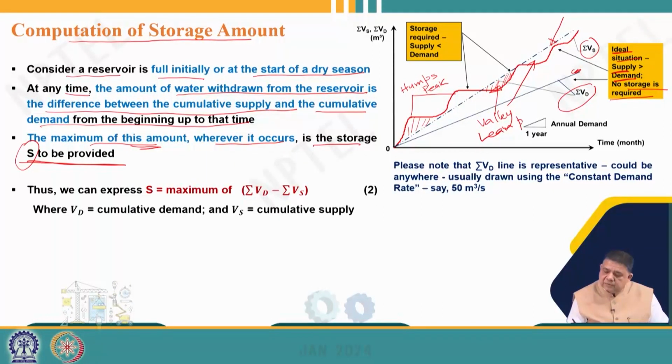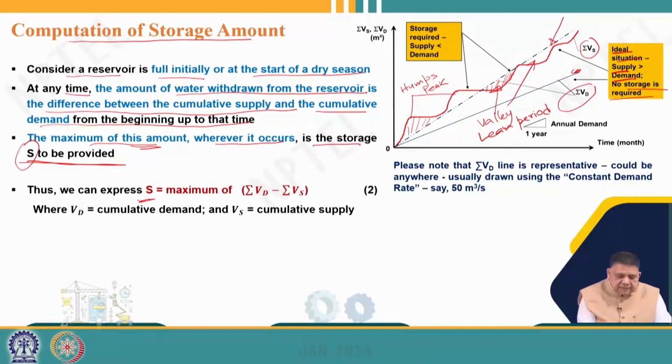That is, lean period means when your supply is lower than the demand. So, obviously, for all the lean periods we have to find out what is the storage required in order to meet a particular demand, and wherever this storage requirement is high, that tells us that this is a storage we must have available in order to be able to meet or sustain that demand.